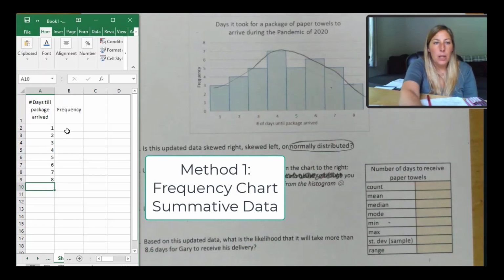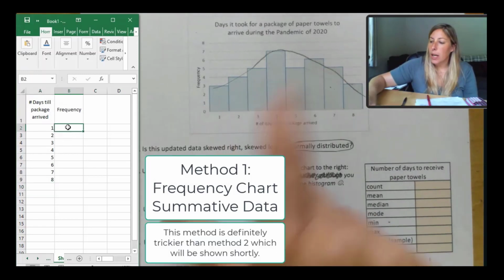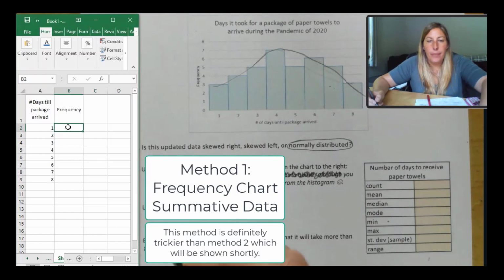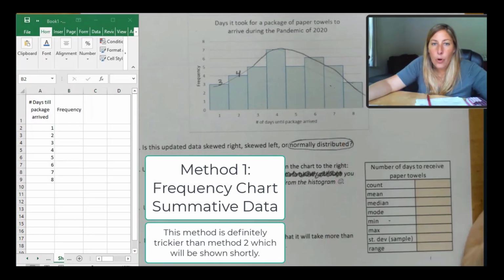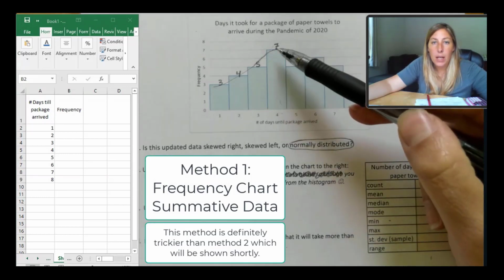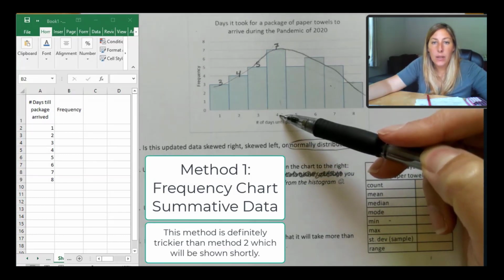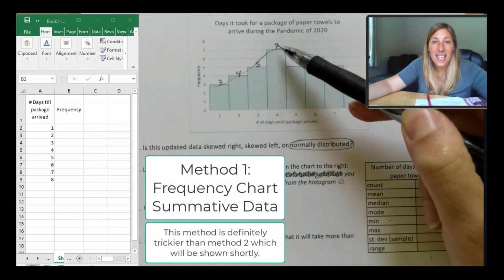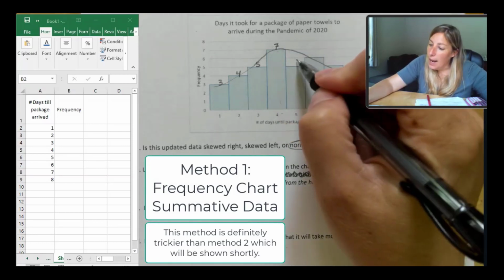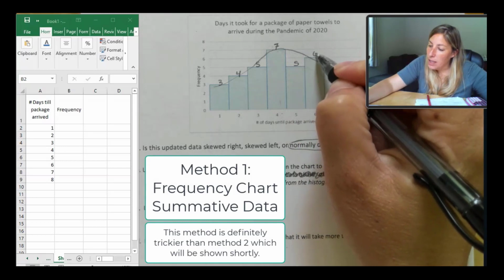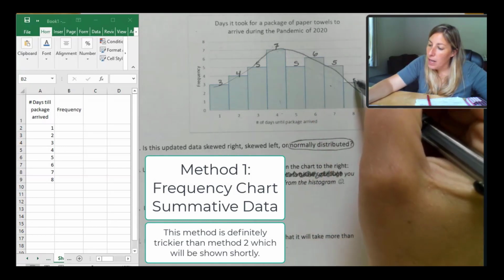The frequencies would be the numbers that are occurring on the top. So I have 3, 4, 5. The 7 means it took 4 days for the paper towels to arrive 7 times. I have 5, 6, 5, and 3.